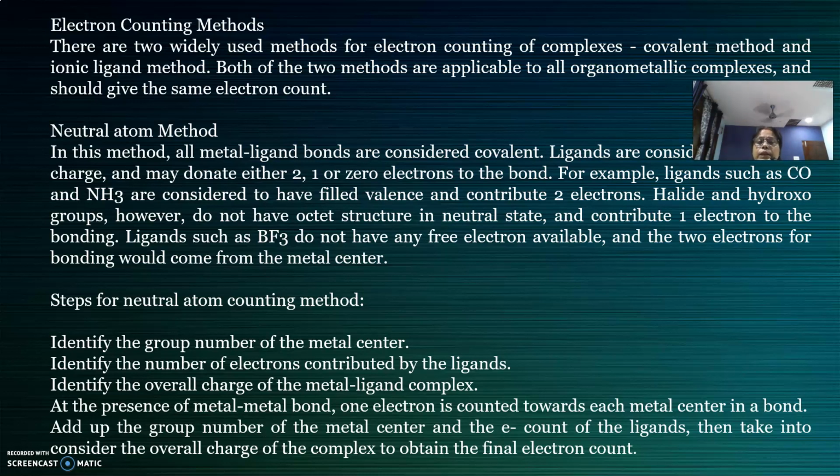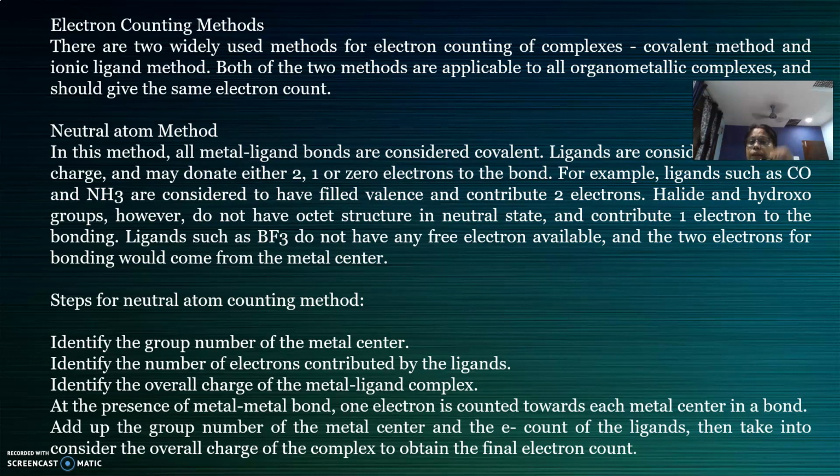If in ferrocene iron is in +2 state, then immediately the two Cp ligands attached to it will be called Cp negative. That means both the Cp ligands will take one electron to form the cyclopentadienide ion, Cp negative. But if we consider that they are neutral, then immediately iron will be in the 0 state and the Cp ligand will be in the 0 state. That means it will be a 5 electron donor. So we have two different methods.